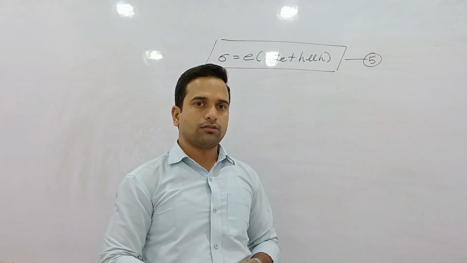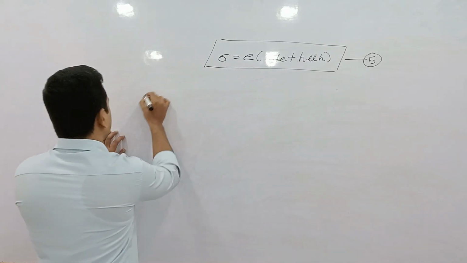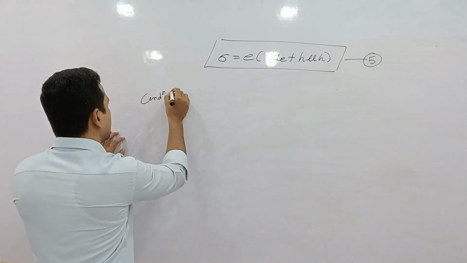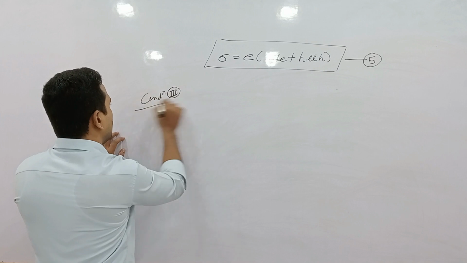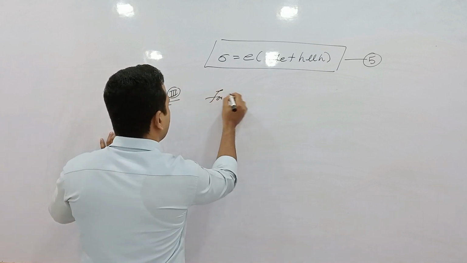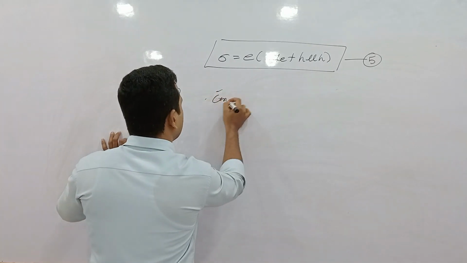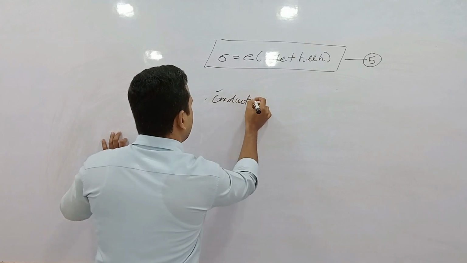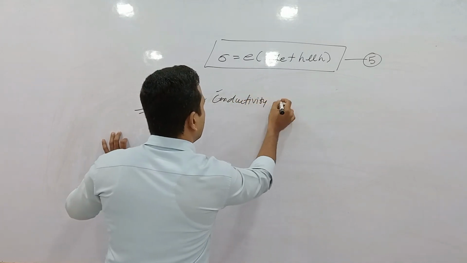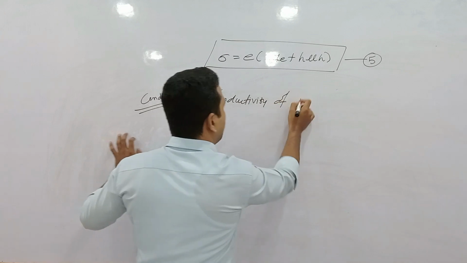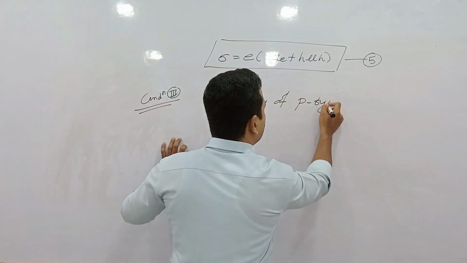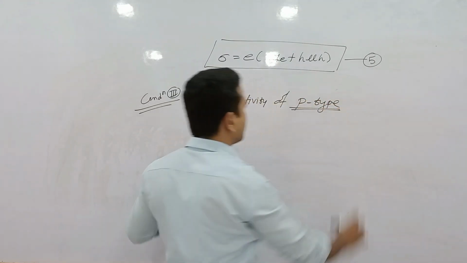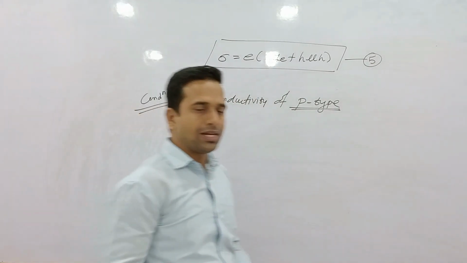Now the third condition, that is condition 3, for conductivity of p-type semiconductor. What happens in a p-type semiconductor?